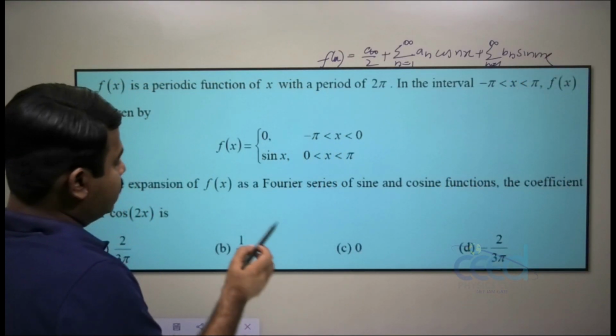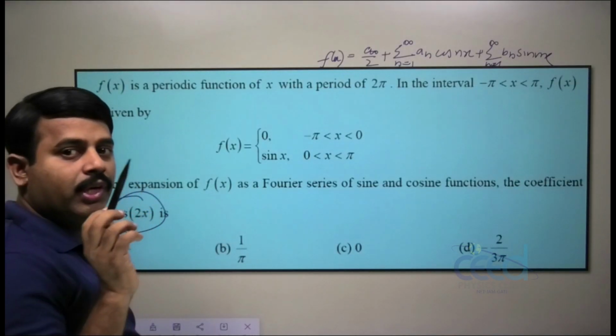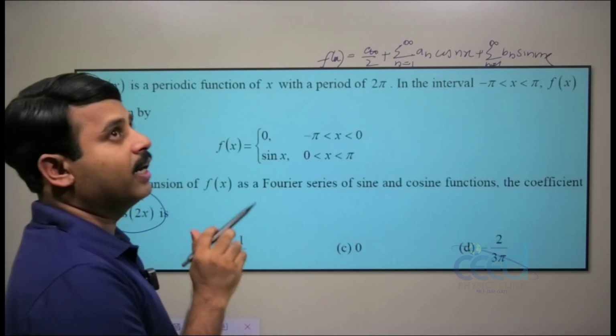Then they are asking the coefficient of cos 2x.